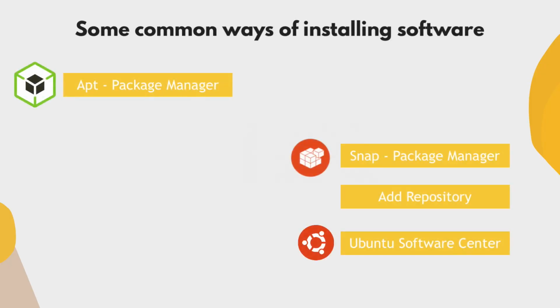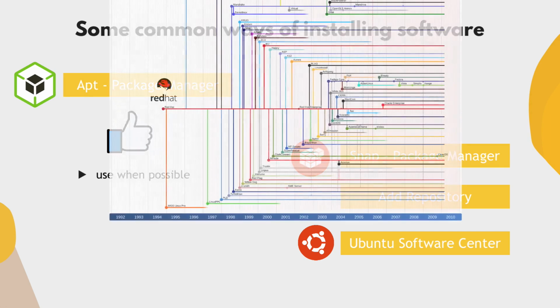So these are some of the common ways of installing software on Linux, where the first option, which you should always use if possible, and this is actually what we use most of the time when installing software on Linux, is the package manager like apt that fetches packages from the official package repositories. So that will be the first option for 80 to 90% of the cases.